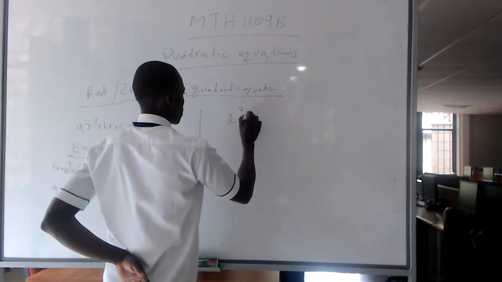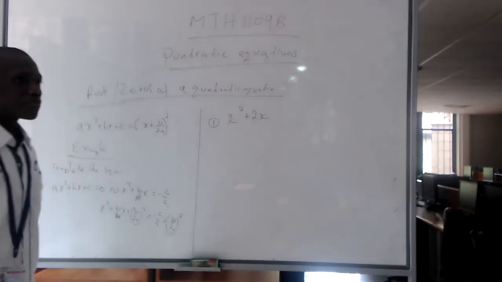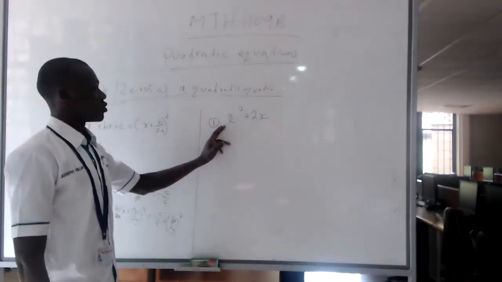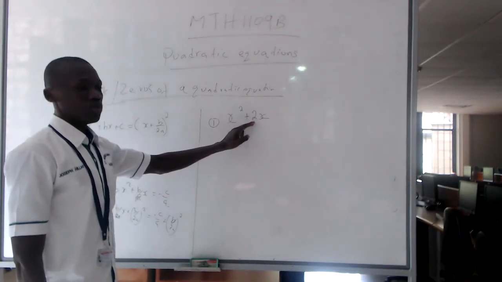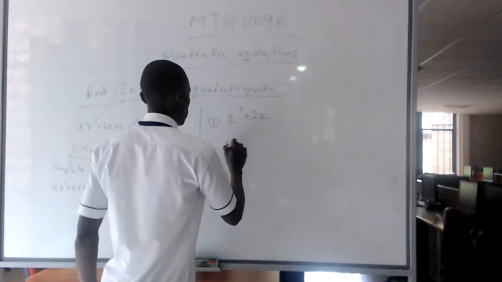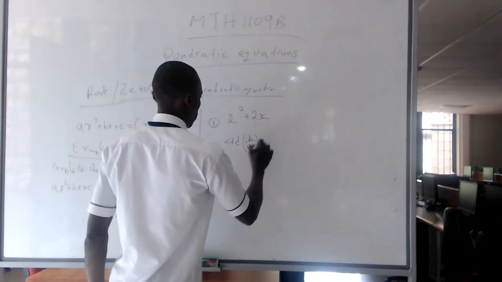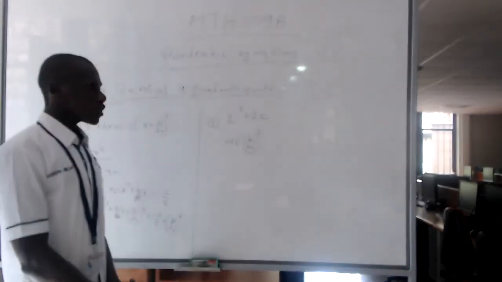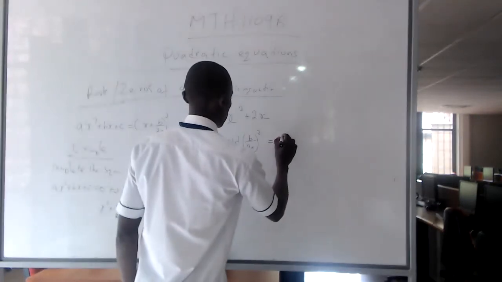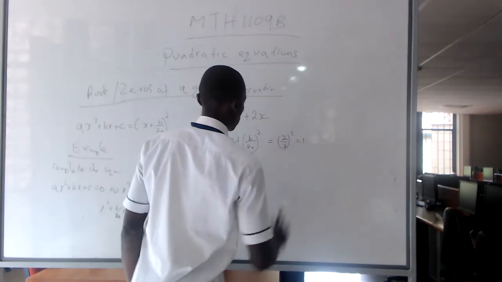So let's say you have x squared plus 2x. Complete the square. In this case, the coefficient of x squared is 1, so we're good to go. The coefficient of x, which is now b, is 2. To complete the square, you need to add (b divided by 2a) squared. In this case, a is 1, b is 2, so I should add (2 divided by 2) squared, which is 1.